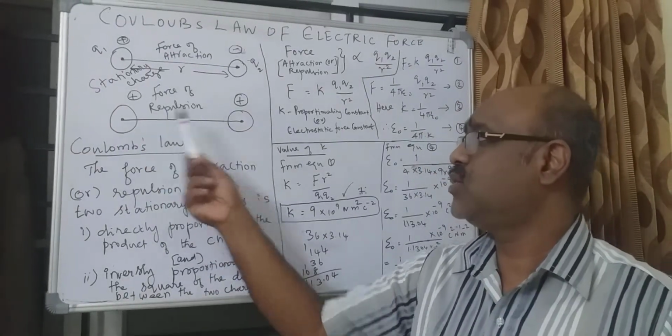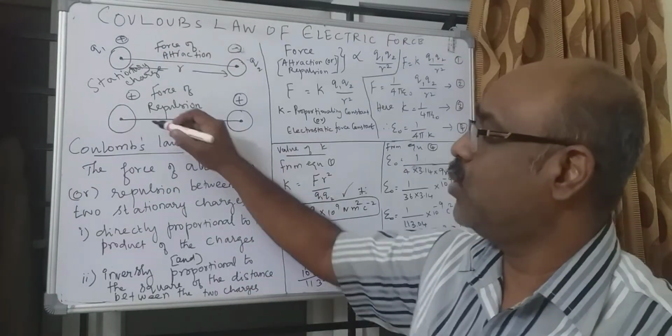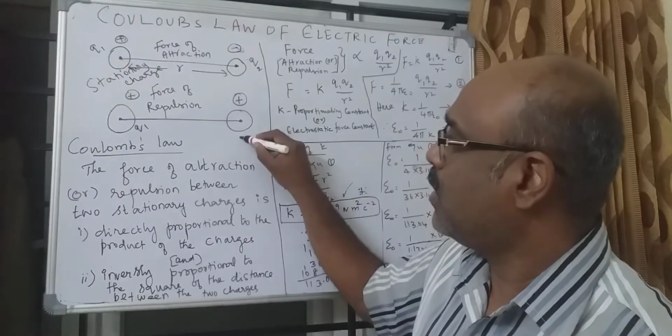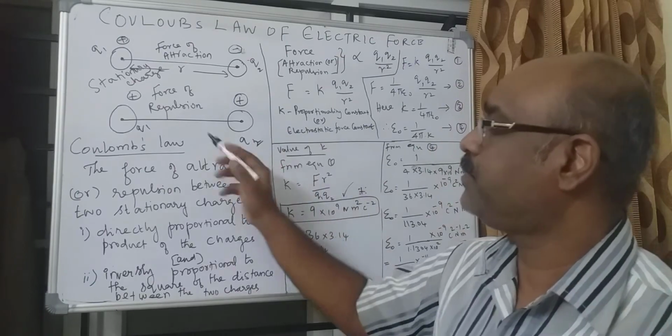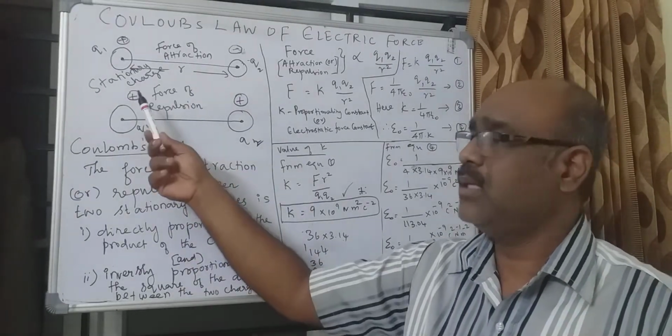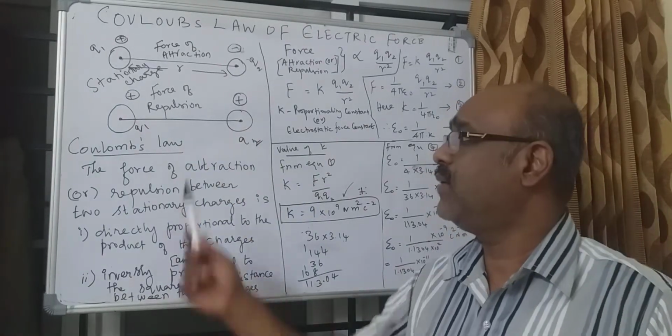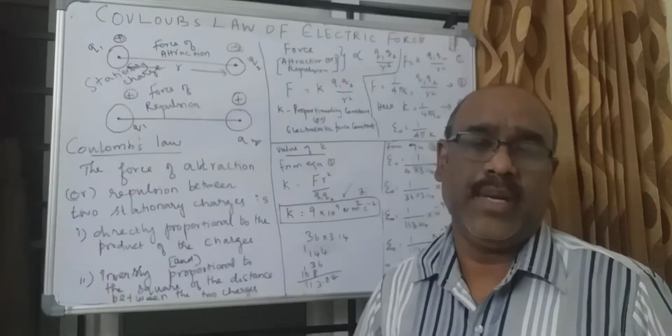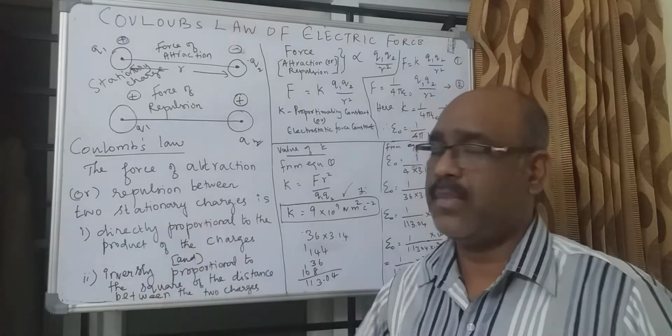And if we take these two bodies, which are Q1 and Q2, they are similar charges, positive charge, here also positive charge. So there will be a force of repulsion between the two charged stationary bodies.